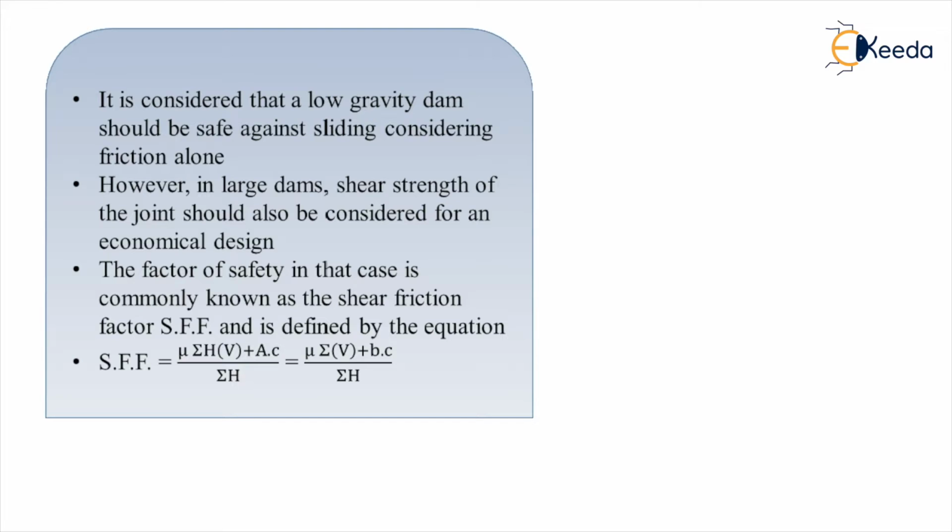The table is coming in the next slide, but before this, this sliding will be resisted because of friction, and also because of shear strength. The low gravity dam should be safe against sliding considering friction only. However, in a large dam, the shear strength of a joint should also be considered for an economical design.